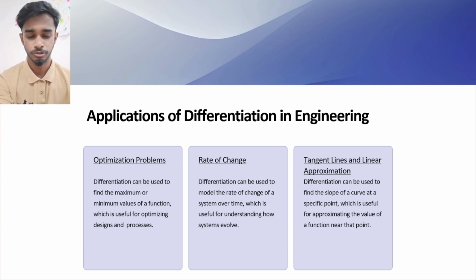Differentiation can be used to model the rate of change of a system over time, which is useful for understanding how a system evolves. Lastly is tangent lines and linear approximation. Differentiation can be used to find the slope of a curve at a specific point, which is useful for approximating the value of a function near that point.